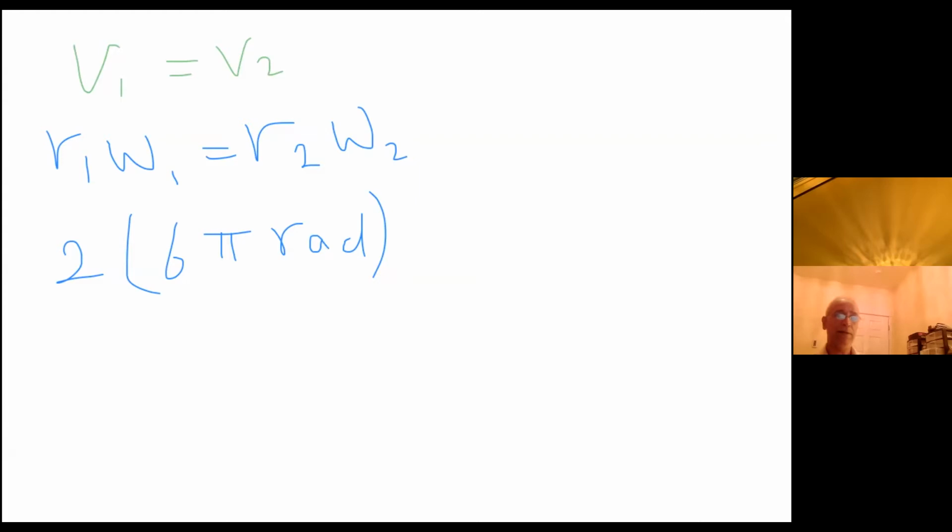So if the rotation is 3 revolutions per minute, that means 6 pi radians. And that equals R2, which was given as 8 meters, and we are trying to find omega 2.